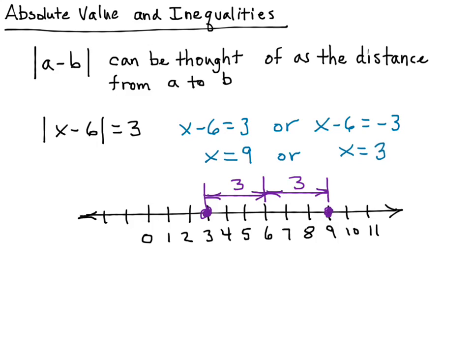Okay, so look at that expression in the absolute values, the x minus 6. So we're talking about the distance between x and 6, right? And so what we're saying with that equality is that that distance has to be 3. And so what is 3 away from 6? Well, 9 is 3 away from 6, and 3 is 3 away from 6.